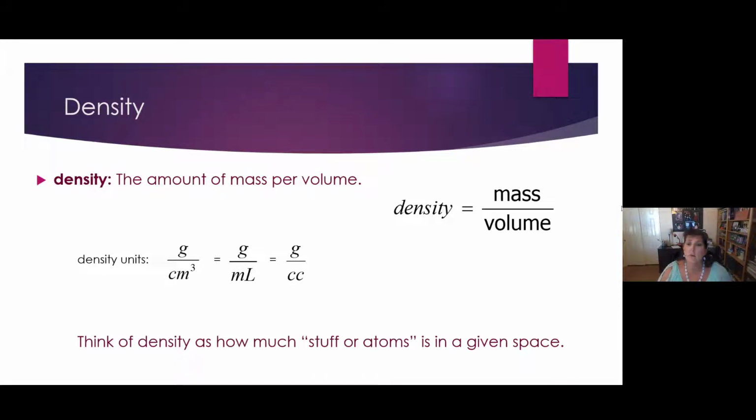What are the units? Well, mass is grams, and volume can be milliliters, cubic centimeters, or cc. It's all the same. So all 3 of those units are fine. You can think of density as how much stuff or how many atoms are packed inside an object. How many atoms are in a given amount of space or volume.